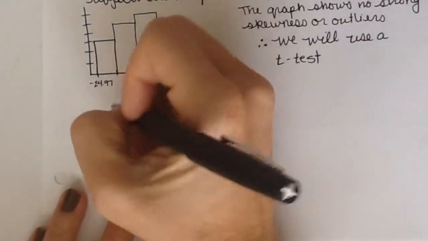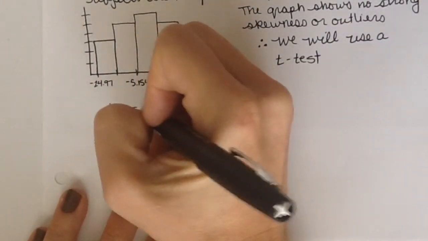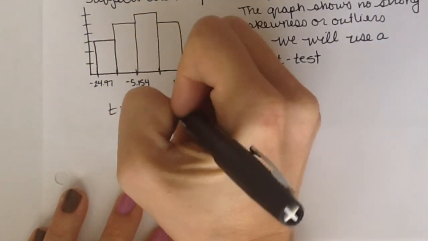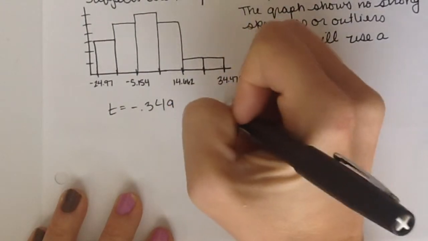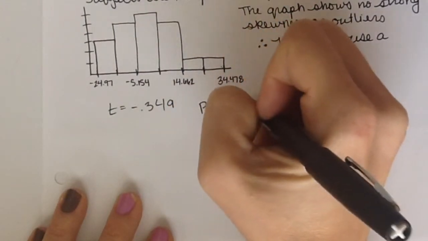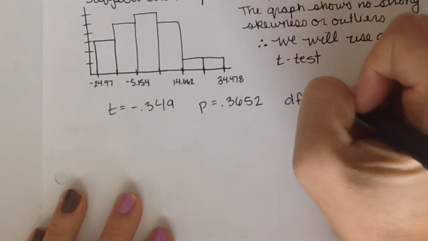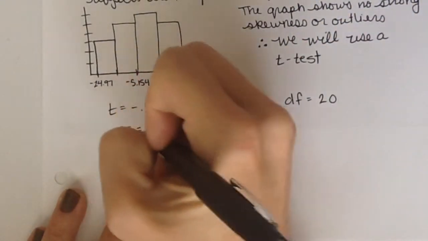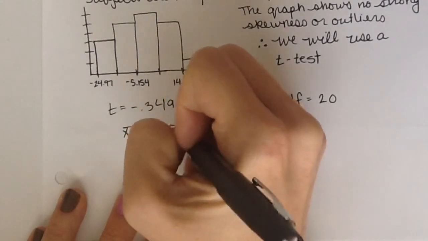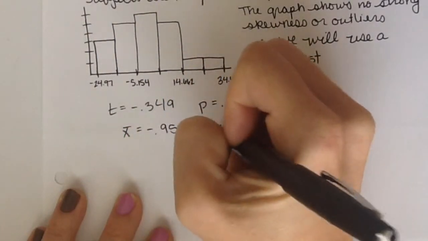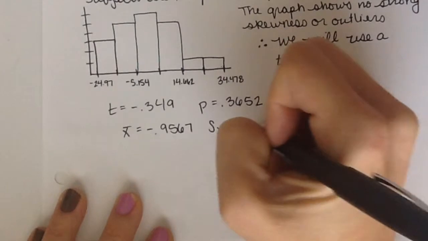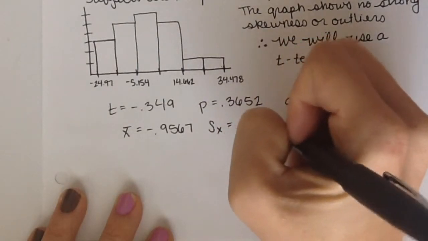So we have t is equal to negative 0.349. P is equal to 0.3652. We have degrees of freedom equal to 20. There was an x bar of negative 0.9567, a standard deviation for our sample of 12.548.